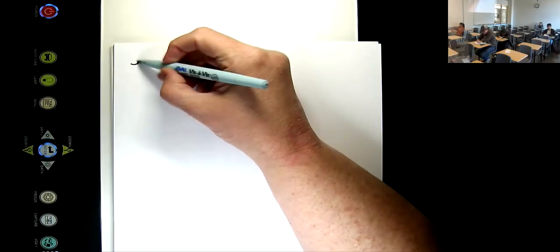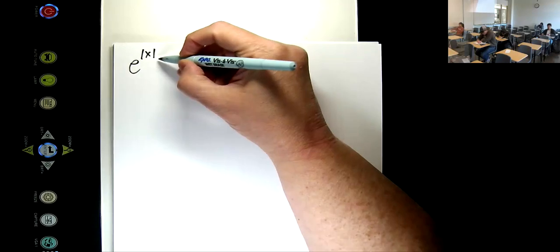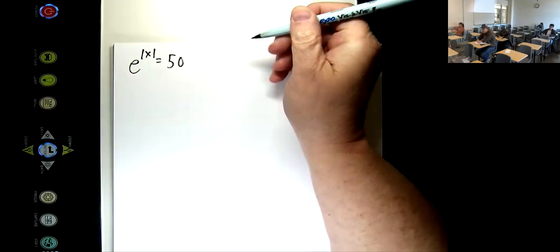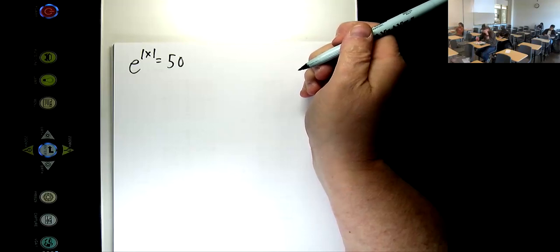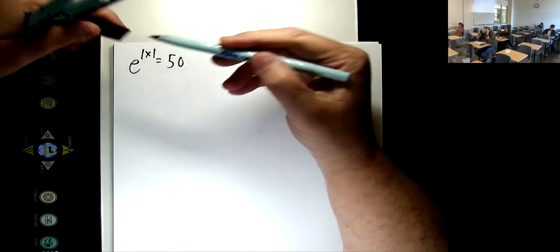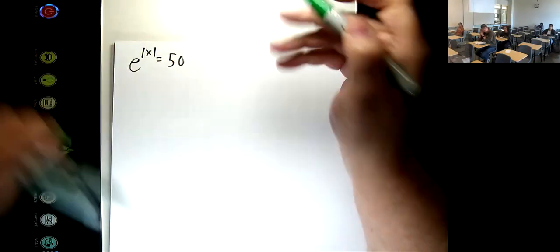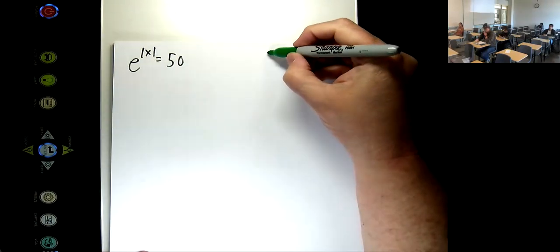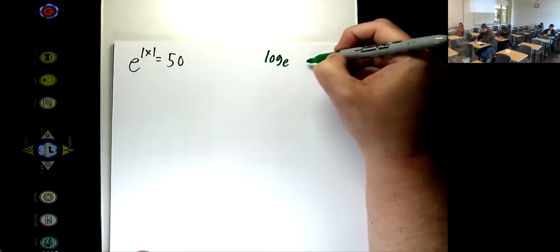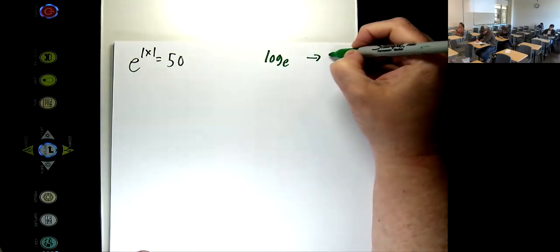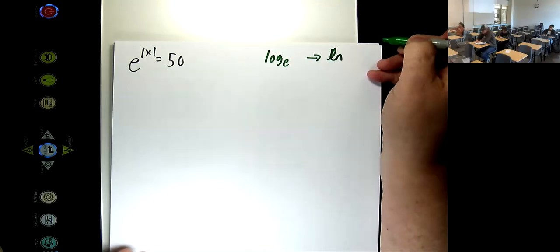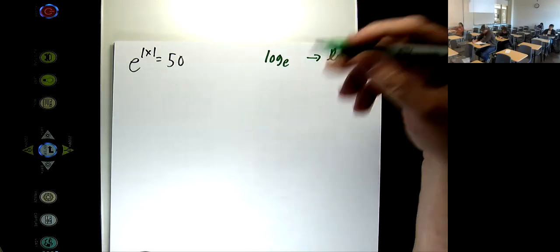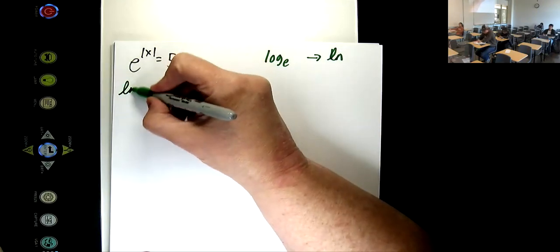Let's do e to the absolute value of x equals 50. Here we want to take the logs with the same base, but log base e is the same thing as natural log. Natural log is a shortcut for log base e. So you can take the natural log of both sides.